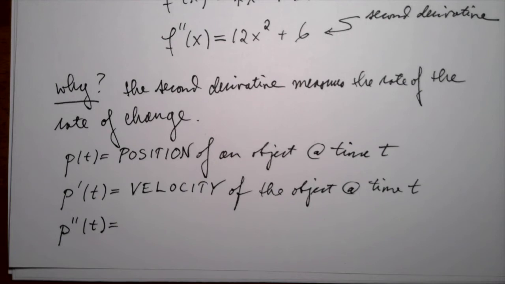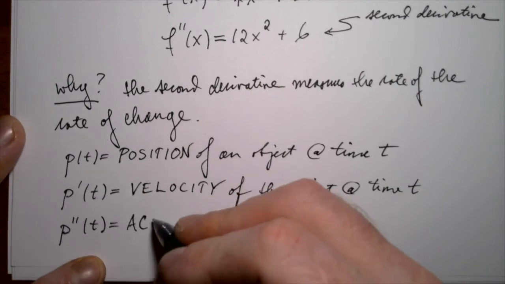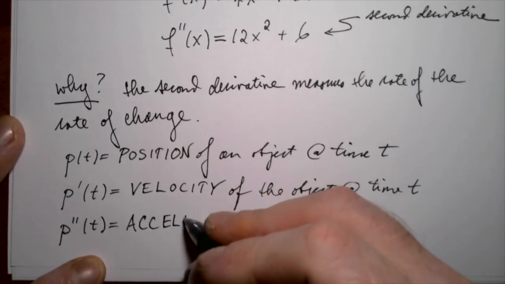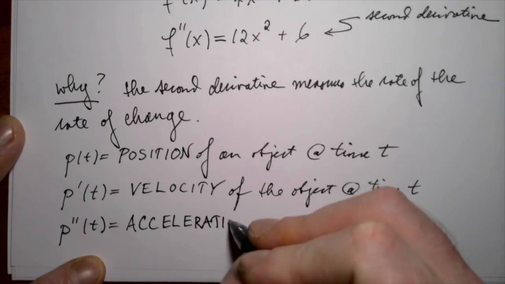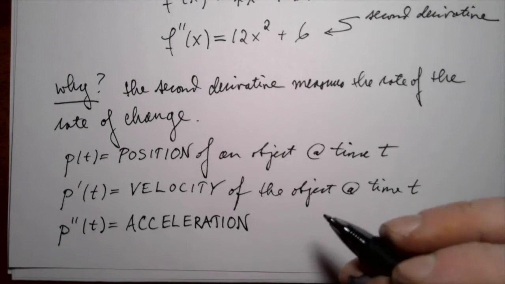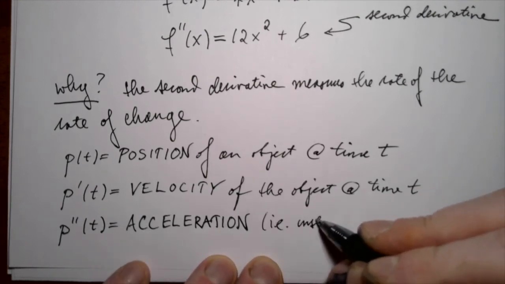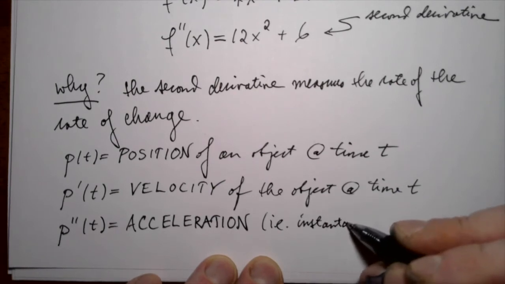You have to accelerate. So to change velocity, you accelerate. The change in velocity is called acceleration. So the double derivative, the derivative of the derivative, is the acceleration, which means the instantaneous rate of change of velocity.